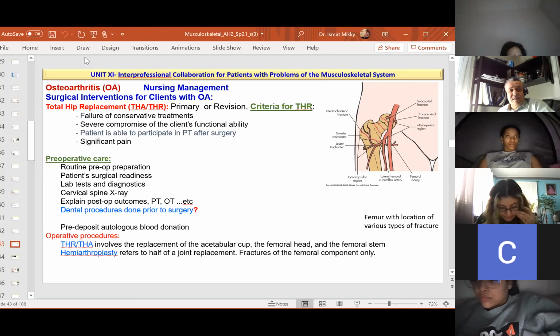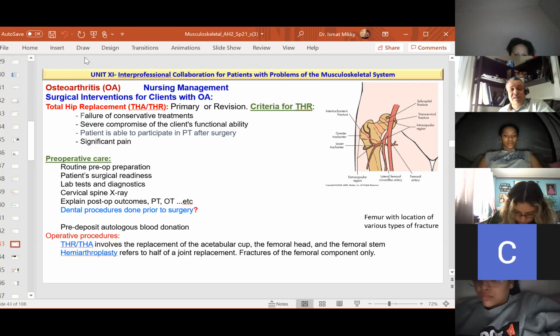The second most important step before the surgery is to make sure the patient has done any dental procedures prior to the surgery. Because with any dental infection after surgery, the bacteria could migrate to the surgical area and ruin the whole procedure, and result in something called prosthesis failure.